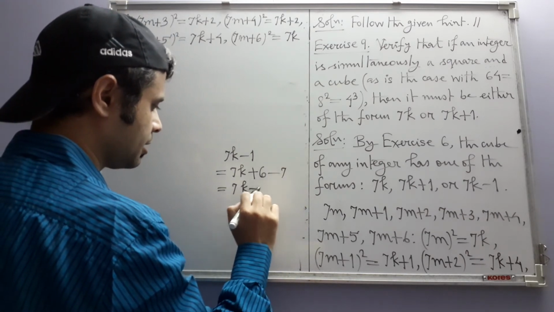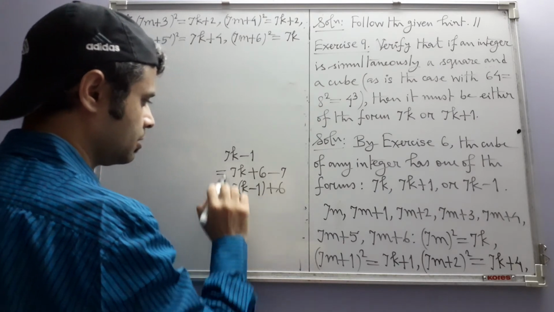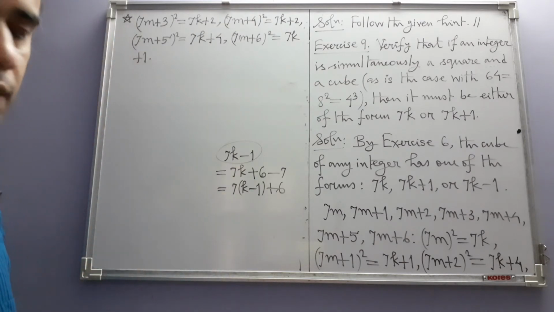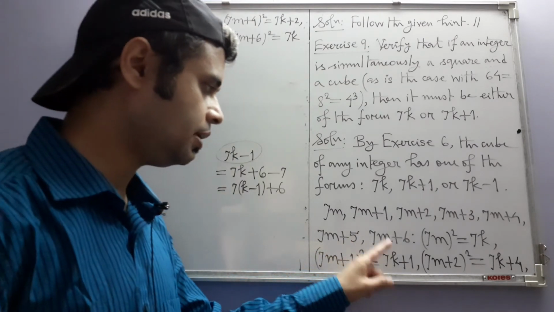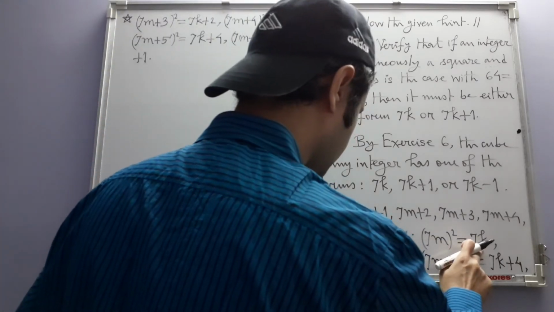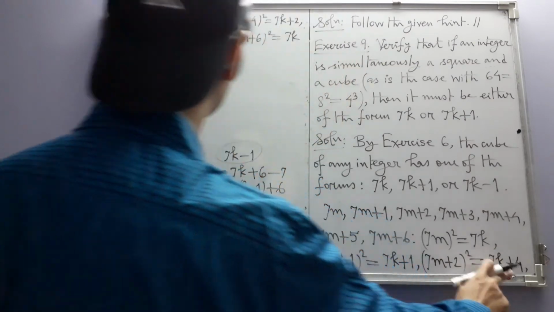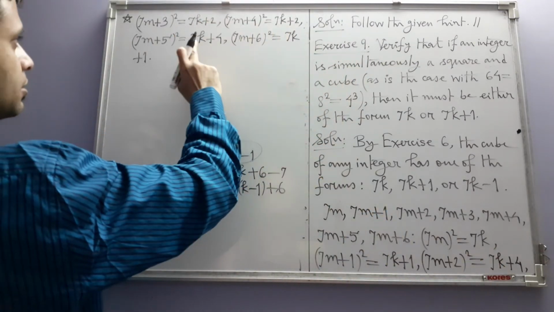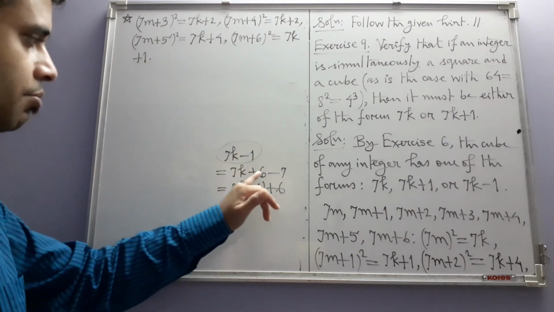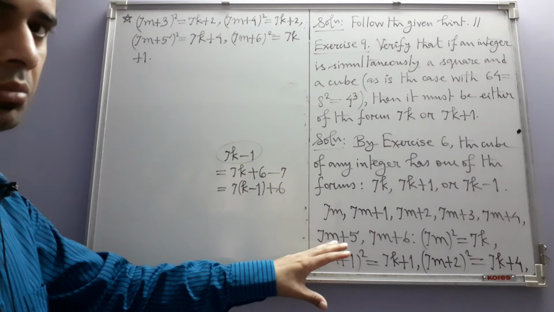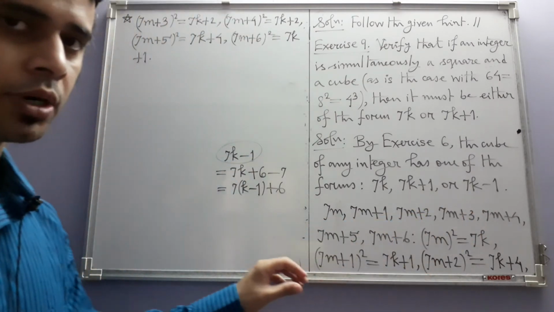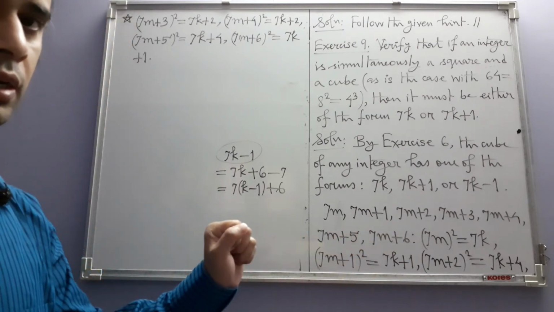So this is 7 times k minus 1, plus 6. So this form is the same as 7 times something plus 6. That we don't see anywhere here among the squares. 7k plus 1, 7k plus 4, 7k plus 2, again 7k plus 2, 7k plus 4, 7k plus 1. 7k plus 6 does not appear here. So that means 7k minus 1 does not appear. That form does not appear among the squares.